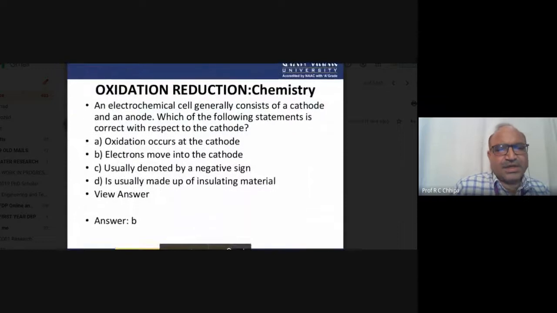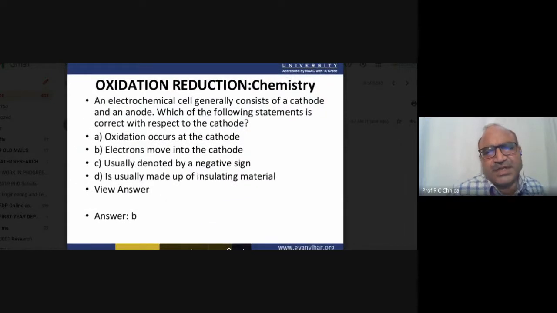Next question: an electrochemical cell generally consists of a cathode and an anode. Which of the following statements is correct with respect to the cathode?